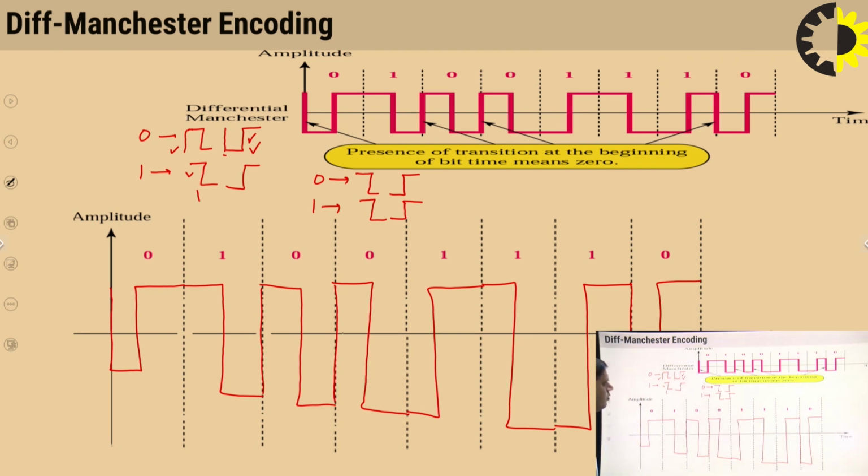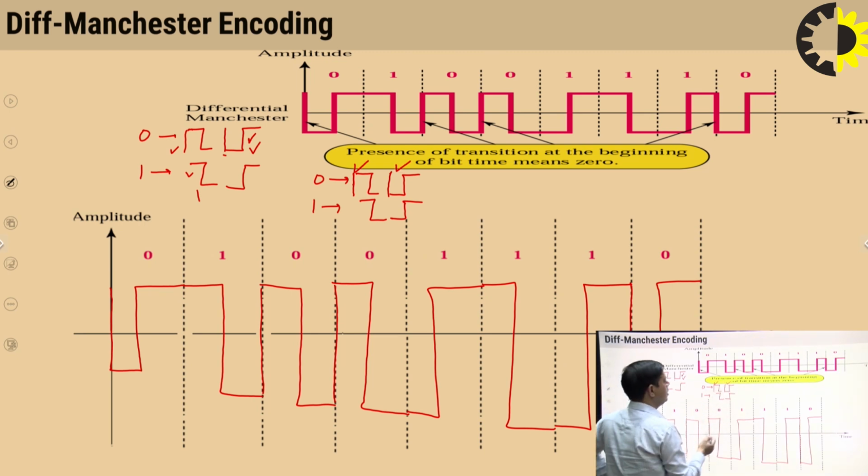Now what add-on have we done? In case of 0, we will start from the vertical line. According to the bit encountered, we will use 0, either this one or this one.